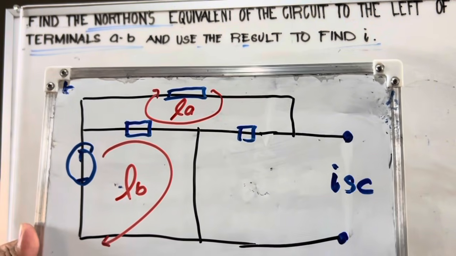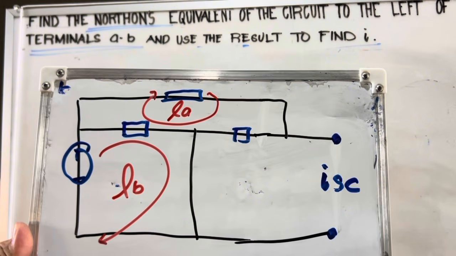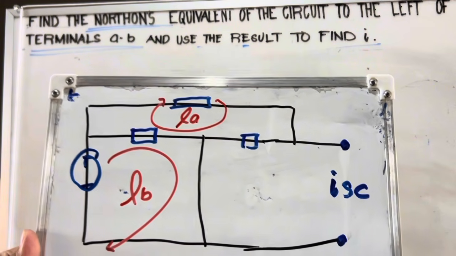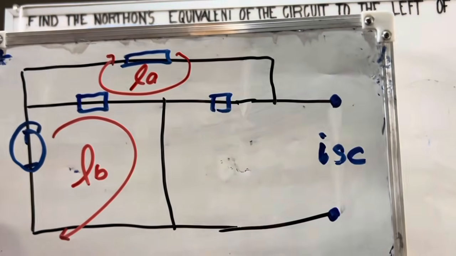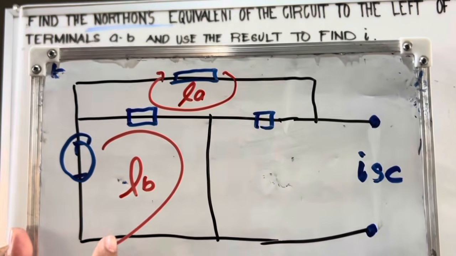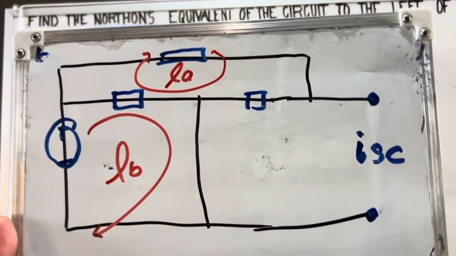As you can see here, we will now use a KVL again, but this time we will use our new drawing, our ISC. We will use loop A and loop B. As you can see, this is our short circuit.